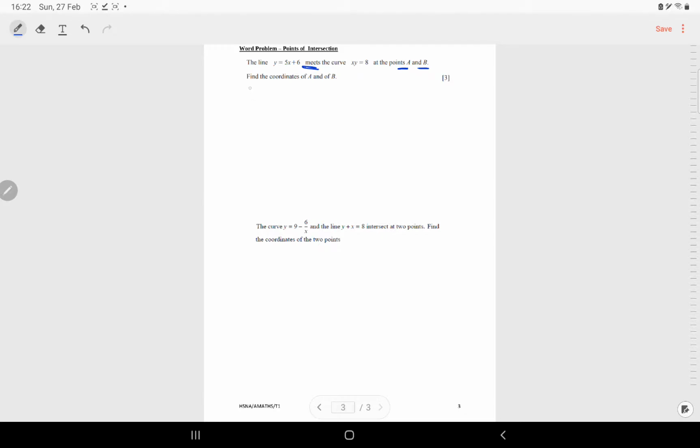Okay, so first things first, what we always do is to label the equations. So that's equation 1 and that's equation 2. The next step is to find an equation and make x or y the subject.